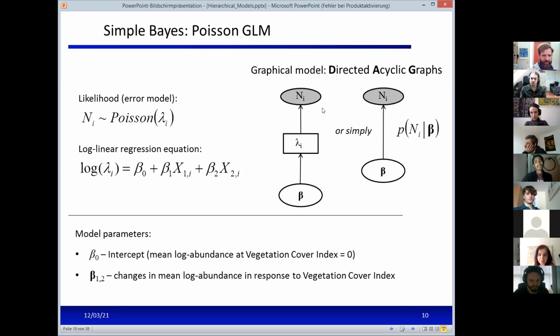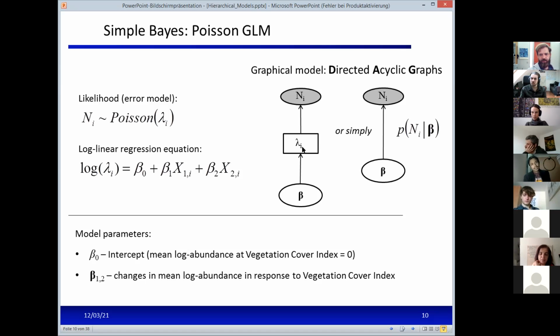So the representation of this simple Poisson regression model would look like this: we have our observations as a random variable, depending on the predicted mean abundance. But this mean abundance is a deterministic function of our model parameters. That's why here I'm showing this as a square box for deterministic nodes.